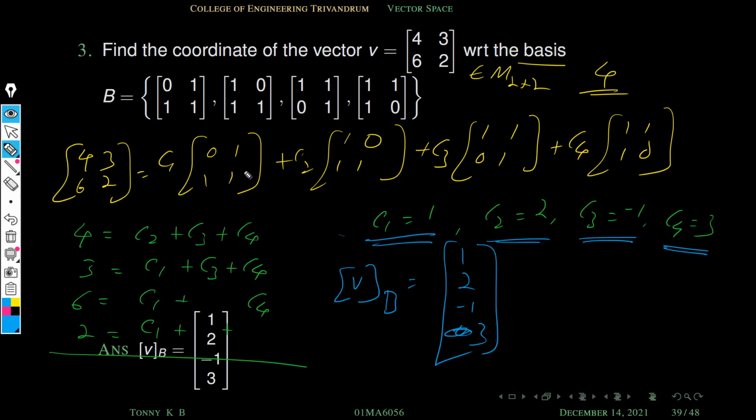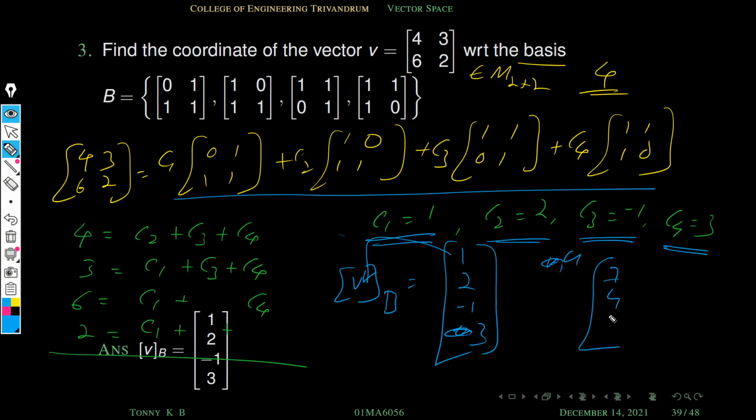You can also see that if you know the coordinate, then you can construct the vector. How? You simply consider the linear combination. Suppose the coordinate of another vector u with respect to B is something like (7, 4, 3, 2), a column matrix.